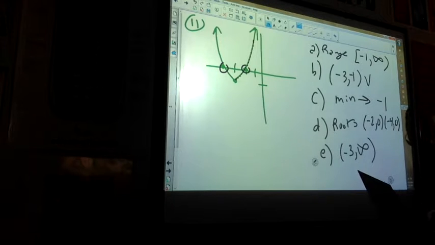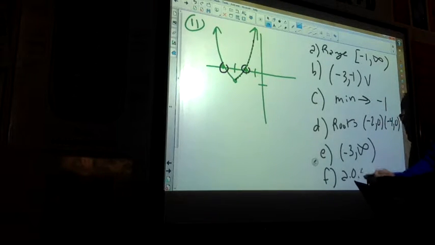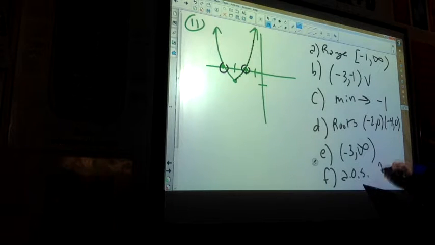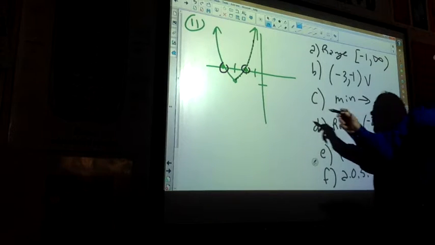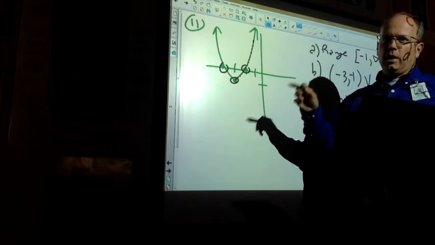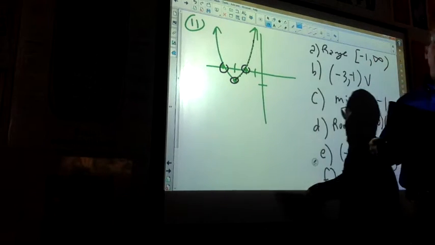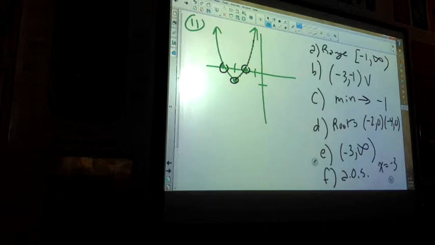F, axis of symmetry. Where it's increasing, no. The value right here, it's at 0. So it's not increasing or decreasing. It's right as they move to the right where it starts increasing. Wait, so it wouldn't be -1 for E. Is it supposed to be the y?